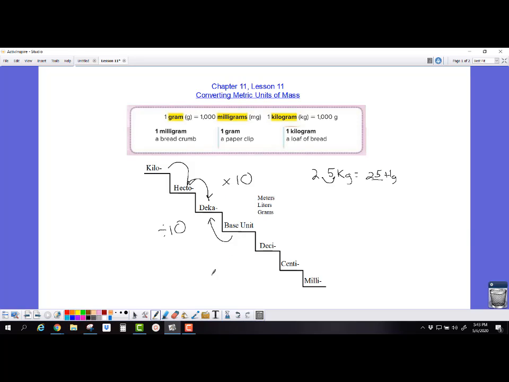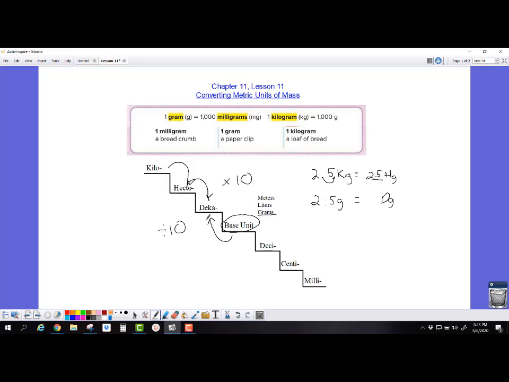And if I was going to do a similar dividing one that I would probably not use, let's say I had 2.5 grams, and I wanted to know how many decagrams that would be. I'm going to go from my grams, which remember is my base unit. Remember, your base unit is in the middle. Grams, liters, and meters. Today we're talking about grams.